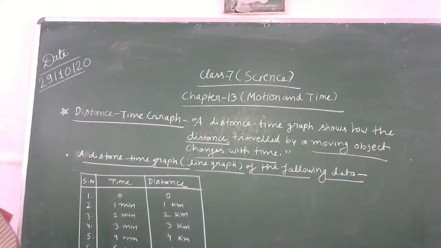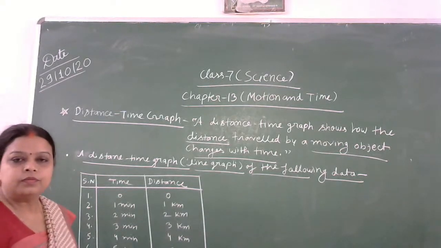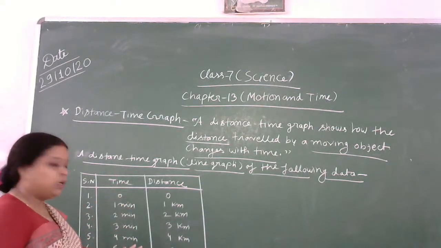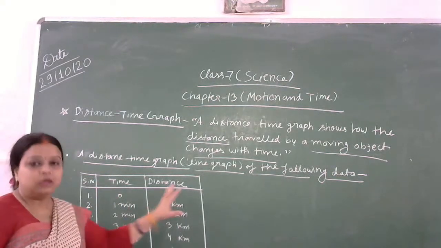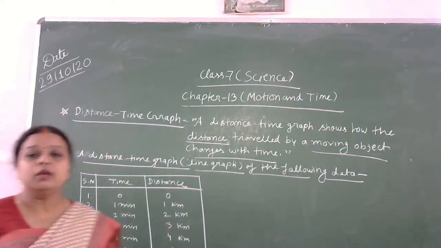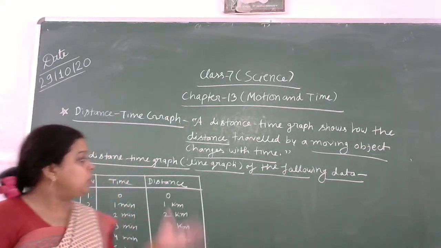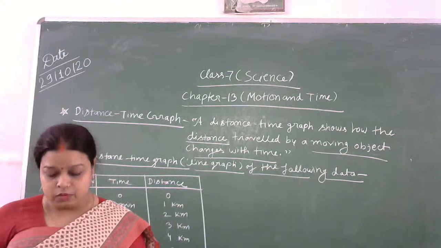Suppose this is the given data, and for this we have to make a graph. So how do we make the graph, and which type of graph comes?